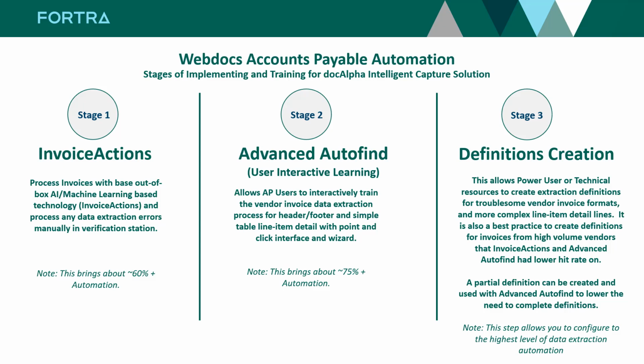Users guide the system to better understand specific invoice formats and line item details, creating a more refined and tailored capture process over time. The system learns from these interactions and adapts to recurring invoice layouts or vendor formats.